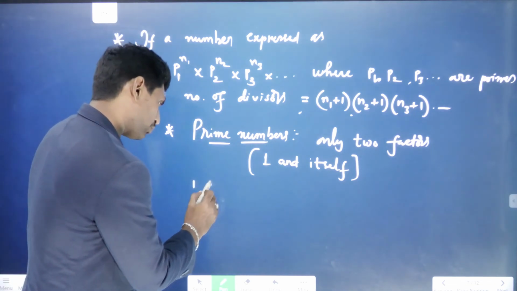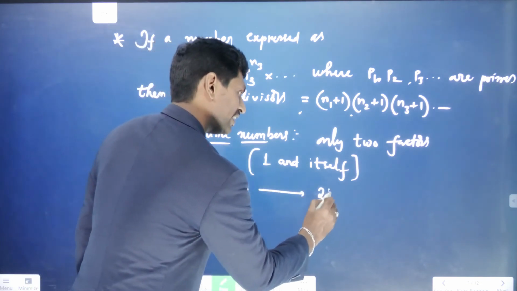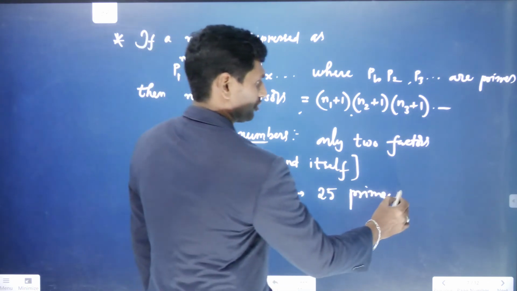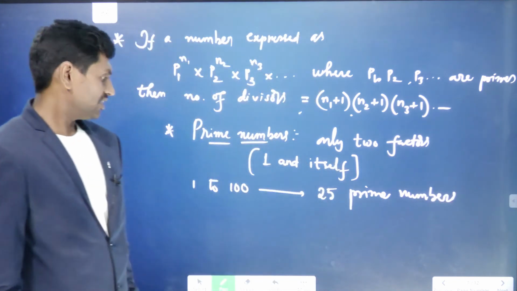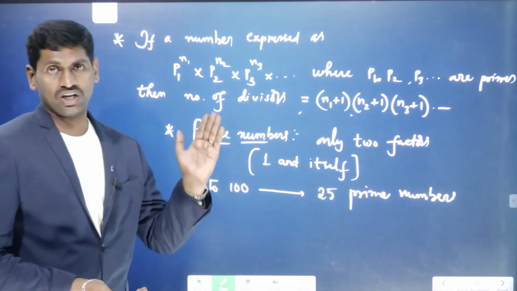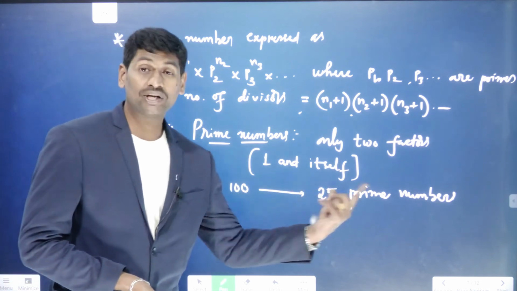And we already know that from 1 to 100, there are 25 prime numbers. That means from 1 to 50, there are 15 prime numbers, and from 50 to 100, 10 prime numbers. So in total from 1 to 100, there are 25 prime numbers.